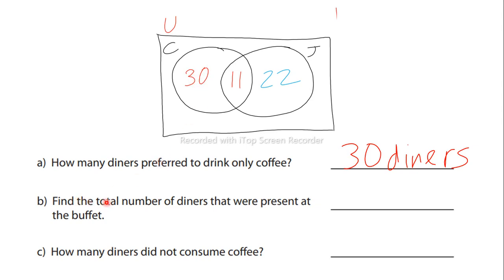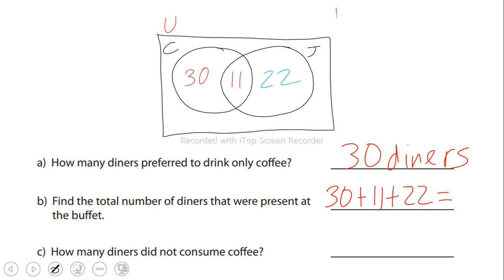Okay, so find the total number of diners that were present at the buffet. Okay, so we add all of them together. So it's going to be 30, right? Plus 11 plus 22. So that's going to be, what is 30 plus... 63.